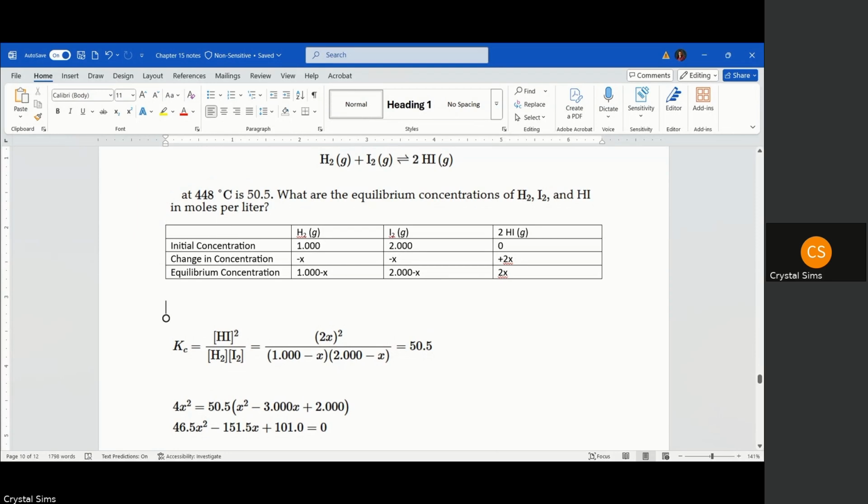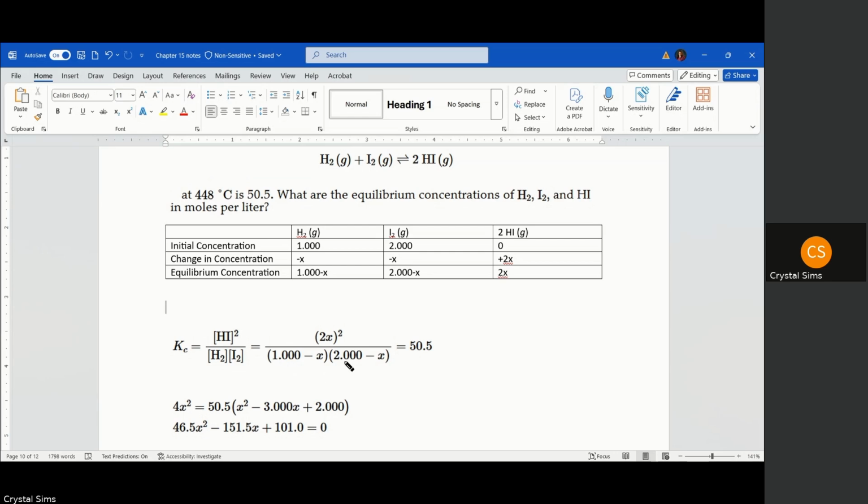So then we cross multiply. We act like this is over 1. So we multiply 2x squared times 1. That gives us 4x squared. And then we're going to say 50.5 times x squared minus 3x plus 2. Well, where'd that come from? Well, that came from multiplying this. If you remember in algebra with factoring, you use the FOIL method.